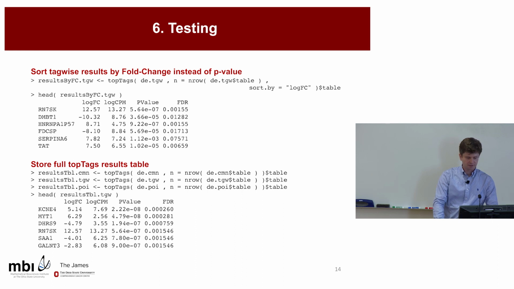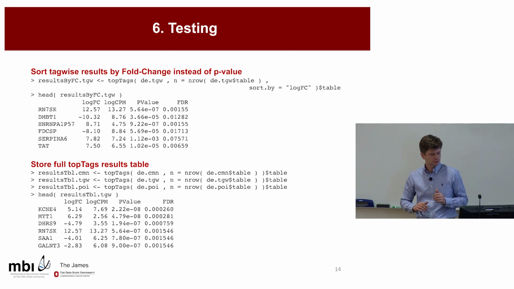And then you can assign the values to the results for the common, tagwise and Poisson models using the topTags command again with the appropriate result file. And as n, instead of 5, you put the number of rows of the actual data object, yes?